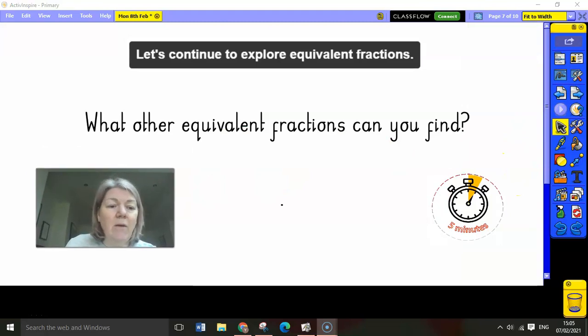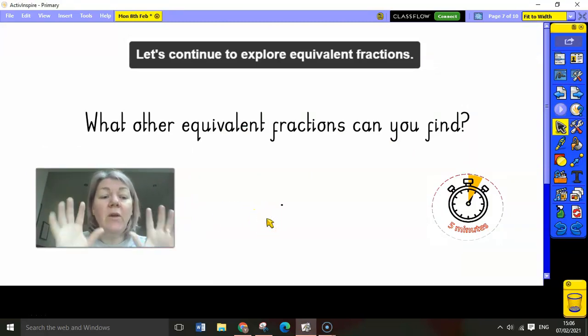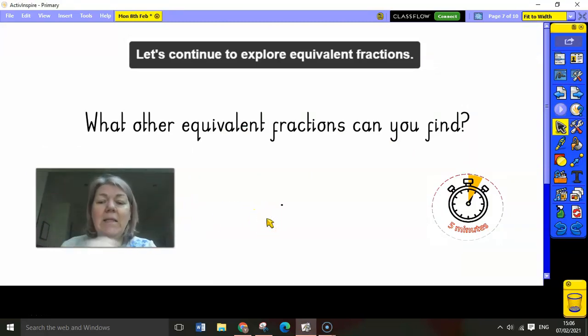So now it's time for you to have a little bit of tinker time. So 5 minutes, that's all, just 5 minutes to have a little play with either your ruler and your fraction wall, fraction strips that you've coloured in yourself. And you can go and check then on the interactive version that you've got them all right, or you can just use the interactive version to have a go and see what equivalent fractions you can find for, say, I don't know, 7/9, 4/10.